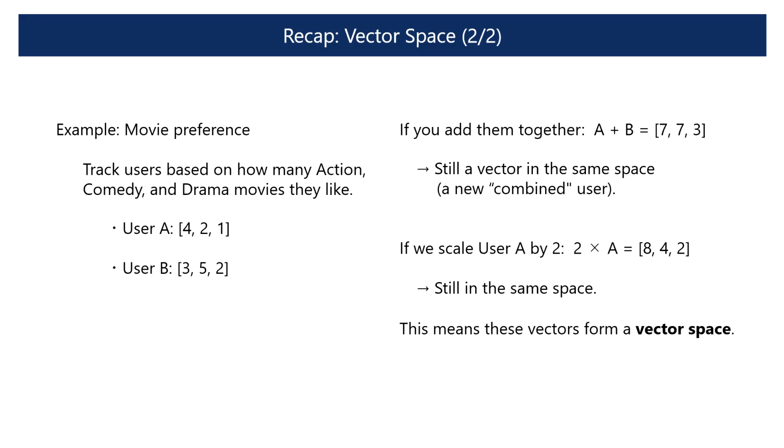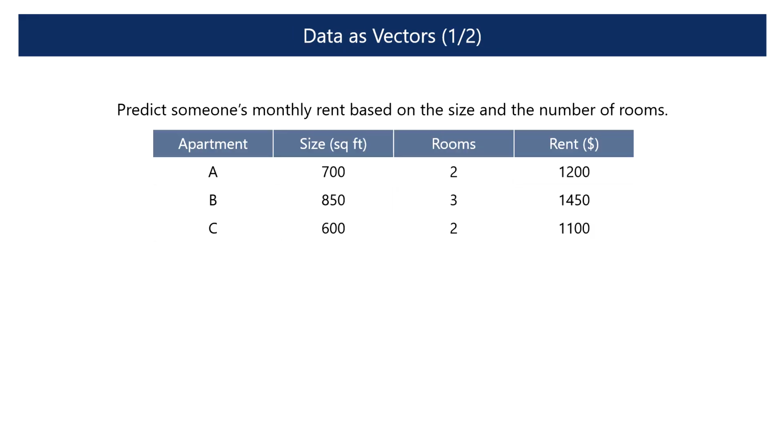The concept of vector space is useful in data science because any machine learning algorithm that works with numerical data relies on this structure. Let's see this using an example of linear regression. Let's say we are trying to predict someone's monthly rent based on the size of their apartment and the number of rooms.